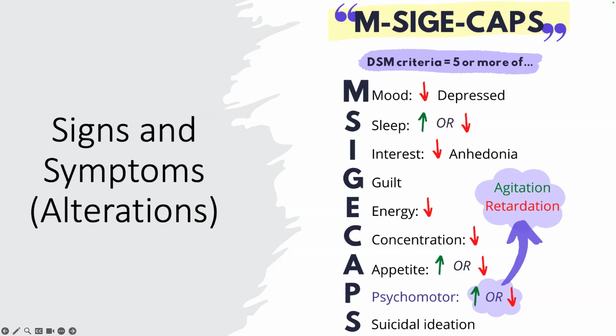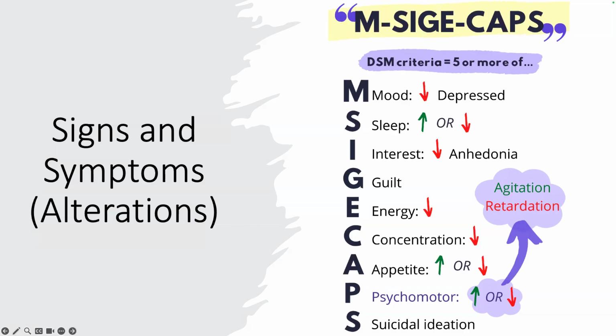Signs and symptoms of depression. Again, we are not diagnosing, but you need to be aware. Depression is going to have a depressed mood. That makes sense. Sleep: either the person sleeps all the time or they can't sleep, one extreme or the other.